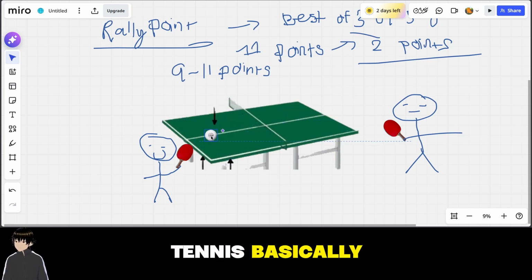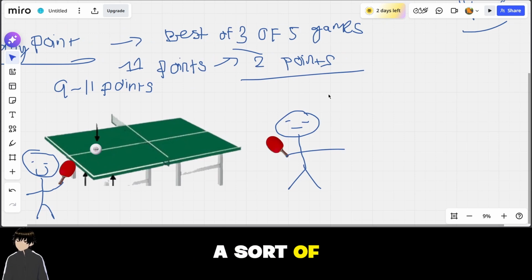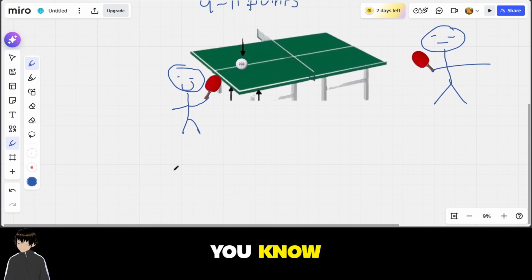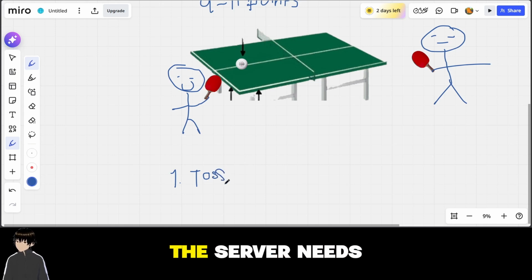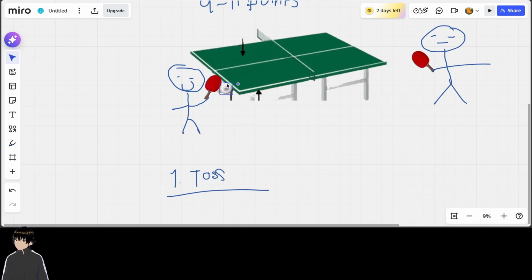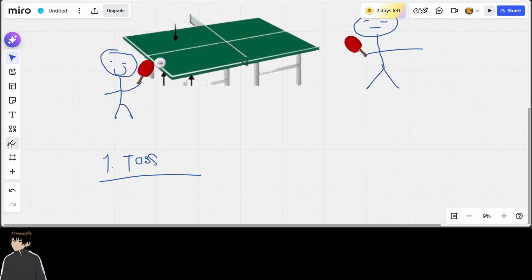Playing table tennis is basically just sort of like this pattern. We have the toss. Toss is what I mentioned earlier. The server needs to toss the ball upwards first before he can strike it. Then we have the serve.